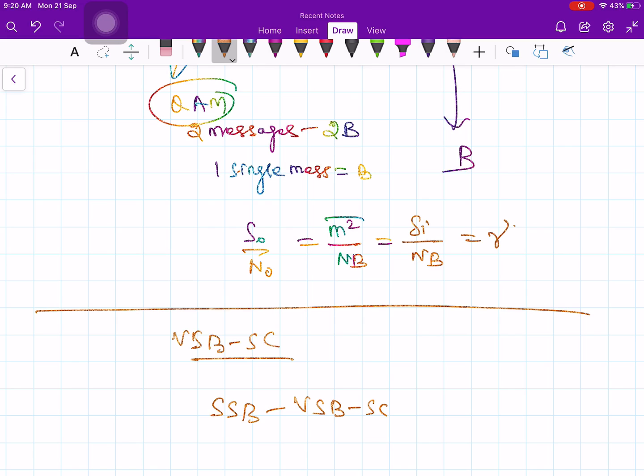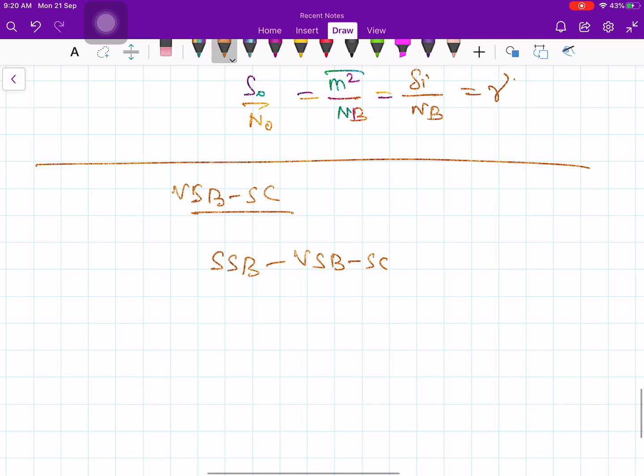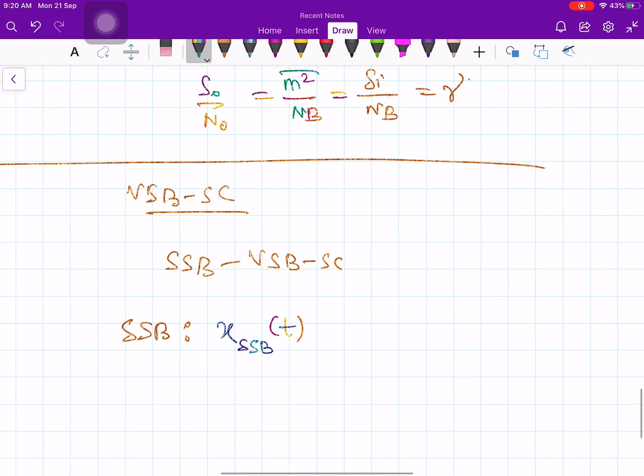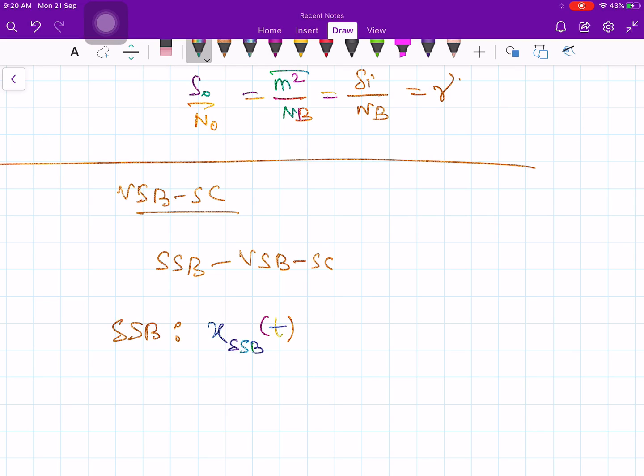Remember, you have a very similar quadrature representation for the VSB SC signal. For SSB SC signal, what is your modulated signal? x SSB of t is equal to m of t times cos omega ct plus Hilbert transform of m of t times sin omega ct.